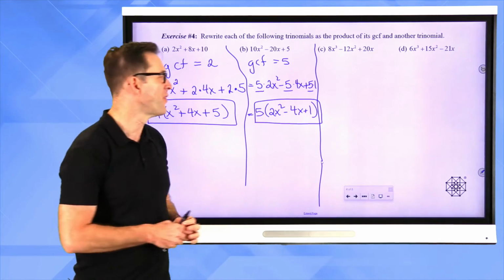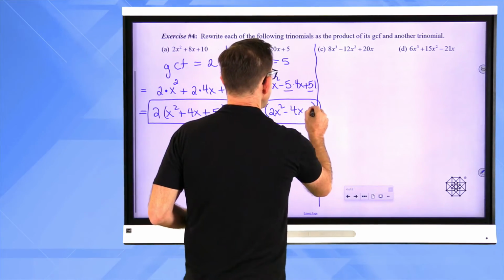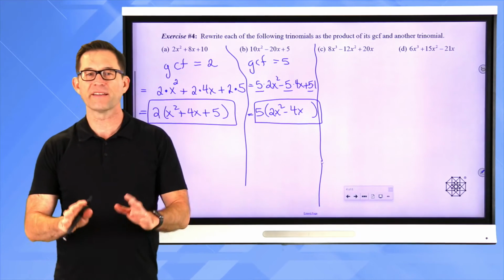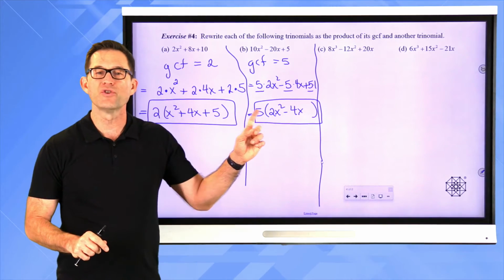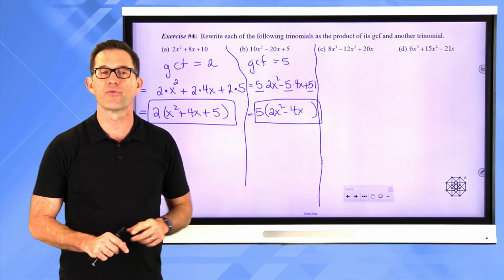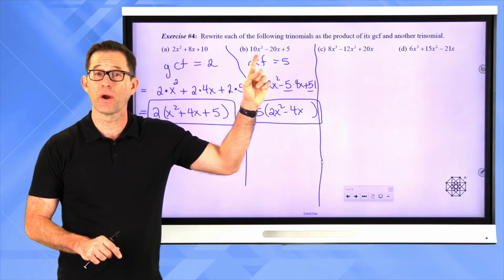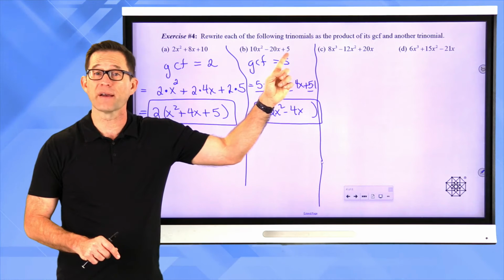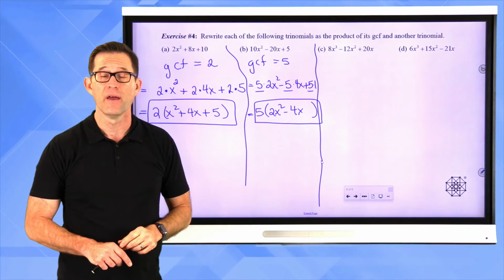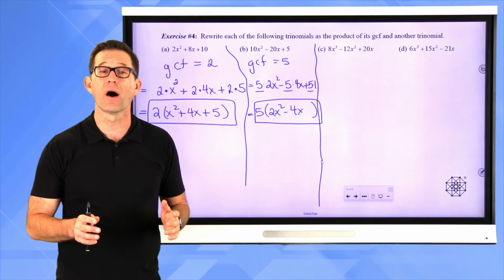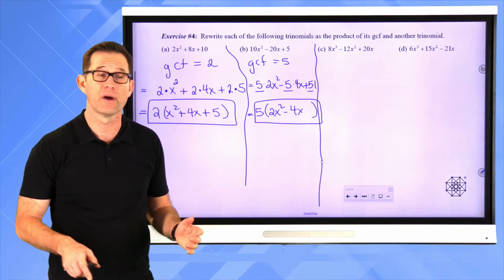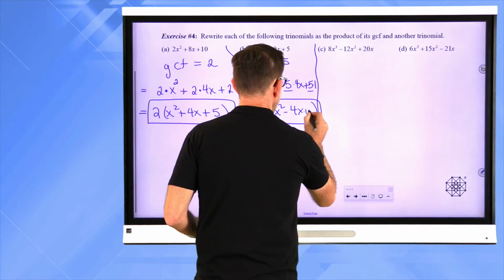Now the problem with that is that if that's not there, then if you were to distribute the 5 through the parentheses, you wouldn't end up with this. You would end up with the 10x squared, you'd end up with the minus 20x, but the plus 5 wouldn't be there. And therefore, the two expressions would not be mathematically equivalent, right? So you've got to have that plus 1.